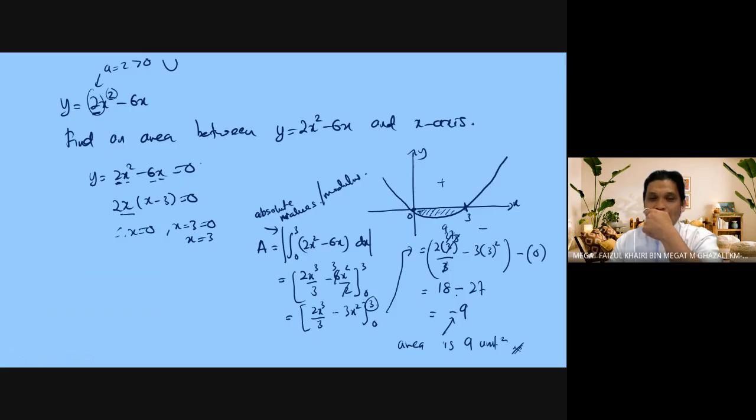So if we have this here, whatever negative value, when we have this absolute value sign, automatically it becomes positive, or just 9. So the area is 9 unit square.